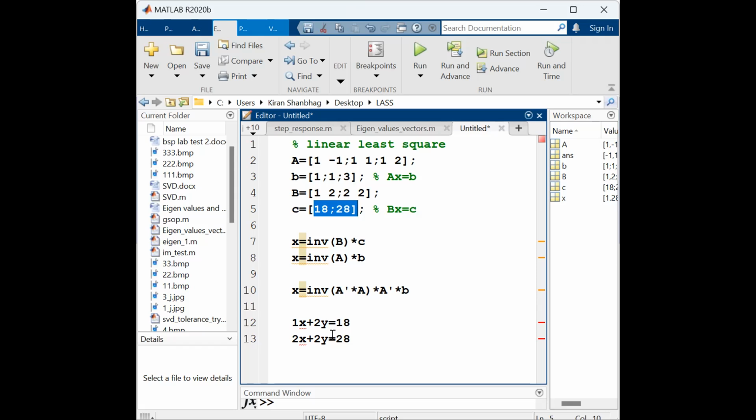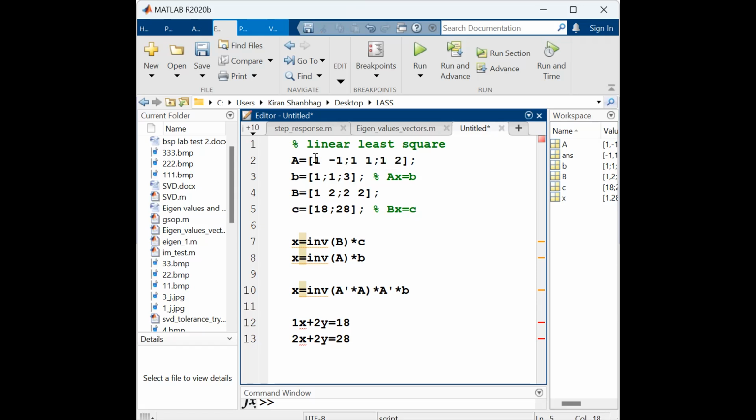Imagine a situation where you have only two unknowns, but you have three equations. Now here is one such situation. Unknowns are two, but equations are three. In that case, what will you do? Such systems are called overdetermined systems, and it is very unlikely that you are going to get the proper answer. So let me try it here.